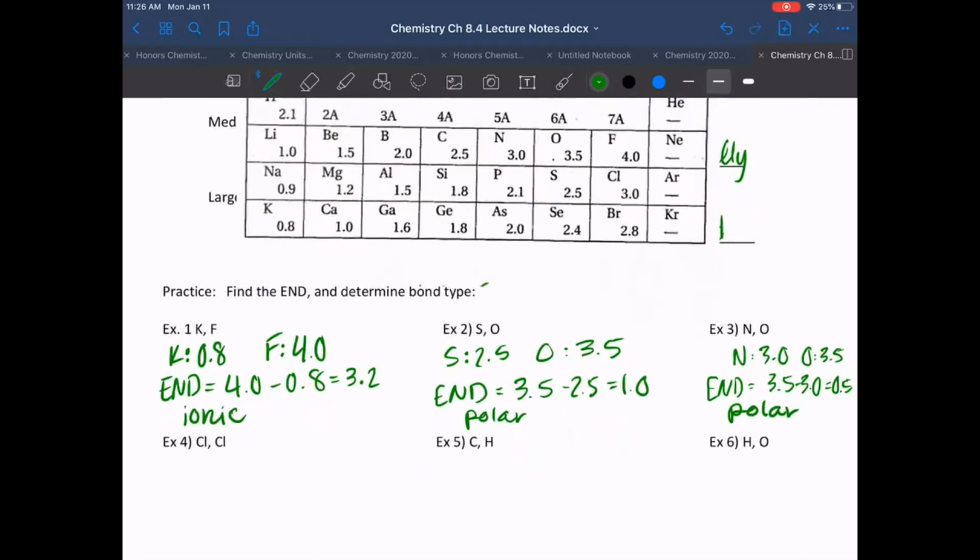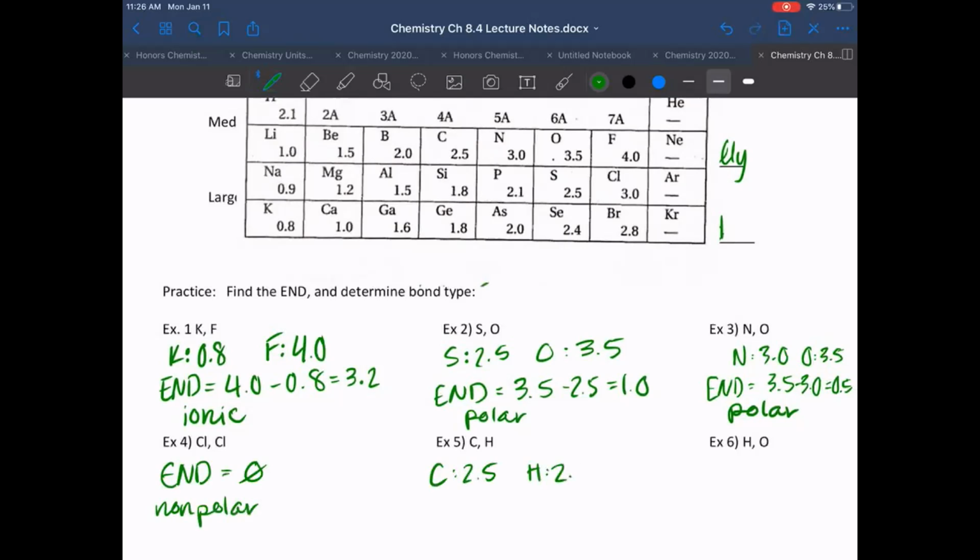All right, now the fourth example has 2 chlorines. What is the difference going to be with 2 of the same atom? 0, which means 2 of the same atom is always going to be what kind of bond? So 2 of the same atom, always 0, always nonpolar. All right, example 5, carbon, which is 2.5.